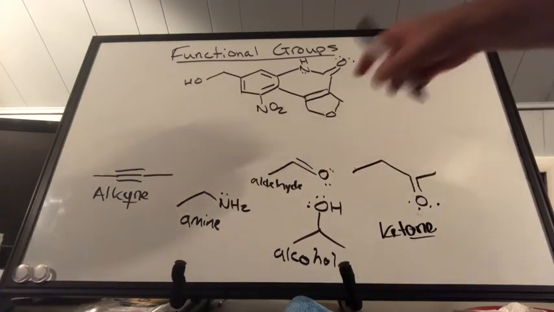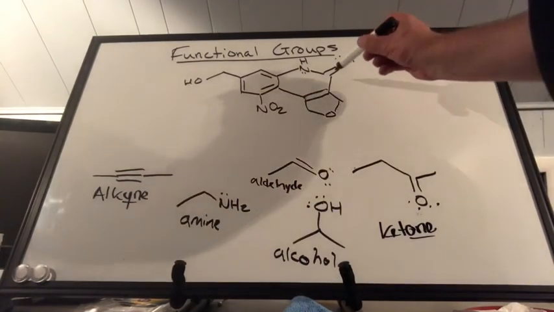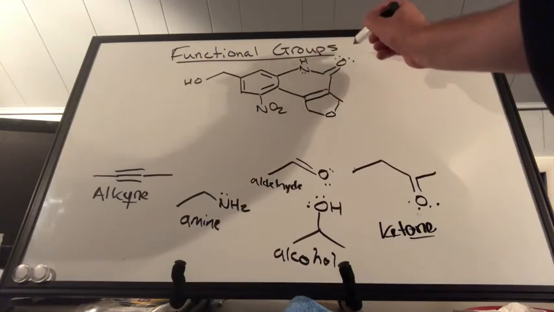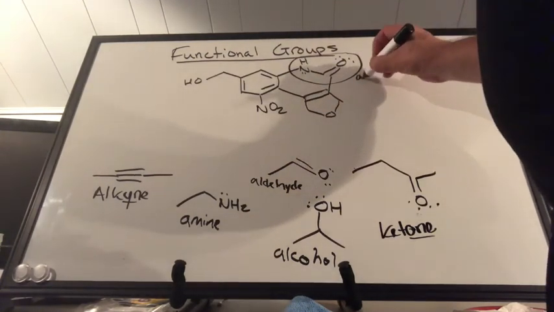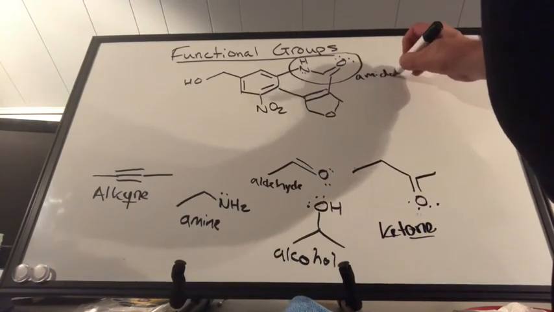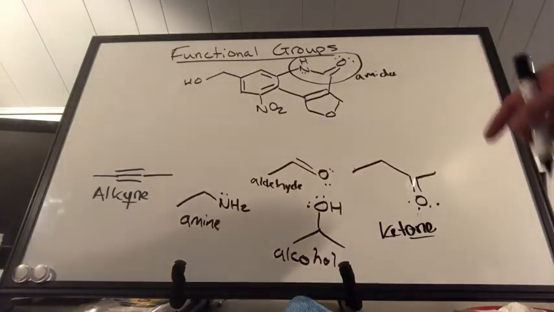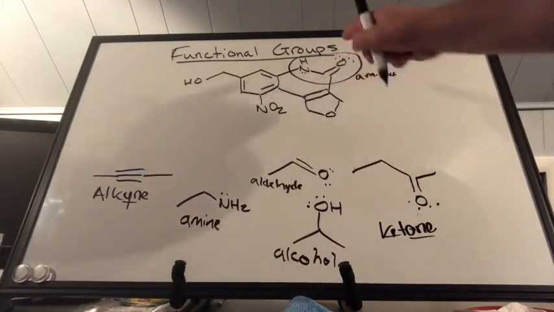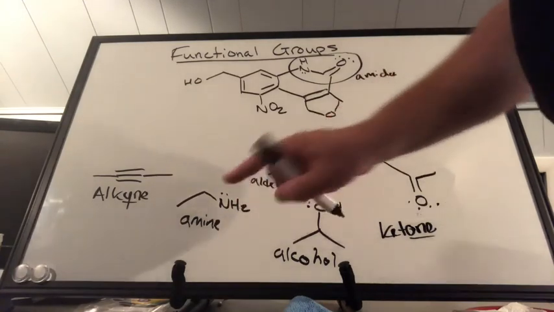Okay, back up to this funky looking thing we have here. This is going to be what is referred to as an amide. Okay, so amides are different from amines because you have that CO double bond that's right adjacent to that amino group.